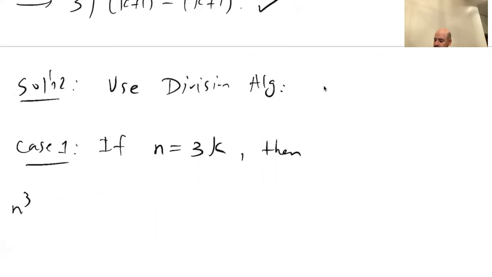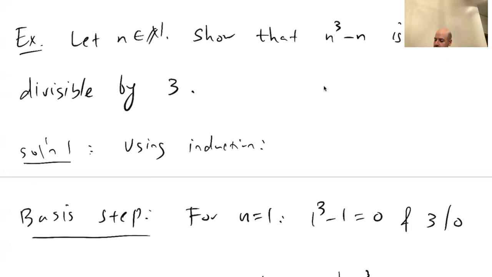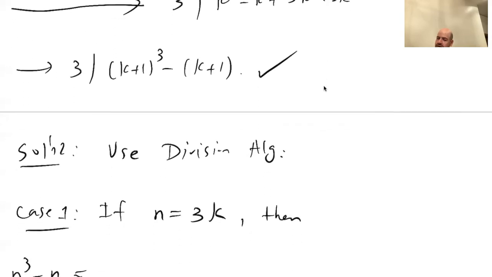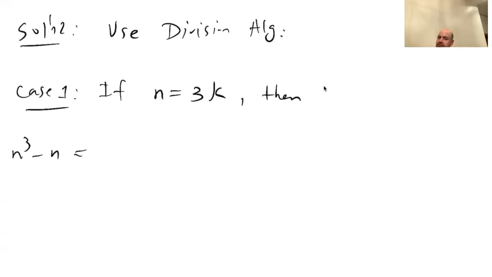I want to show, remember the question? We wanted to show n cubed minus n is divisible by 3. So I have only 3 possibilities for n. So I will consider 3 cases, and in each of these 3 cases, I will show that n cubed minus n is a number divisible by 3. Case 1, if the remainder is 0, meaning that n is a multiple of 3, then n cubed minus n. In this case, it's very easy.